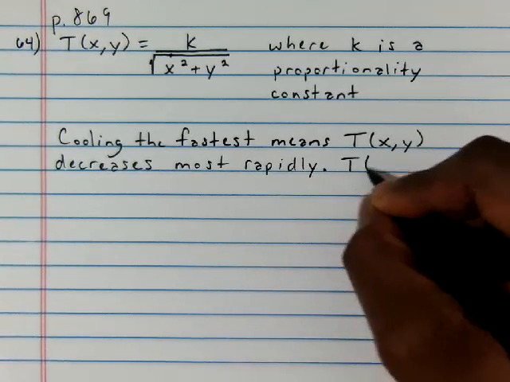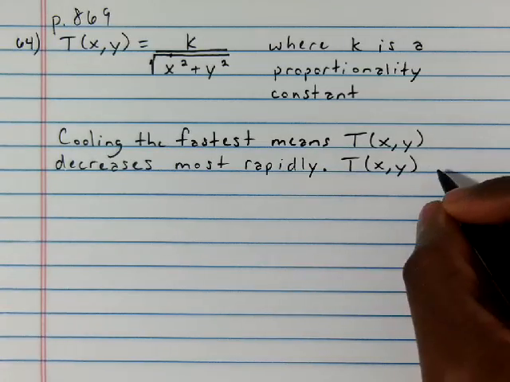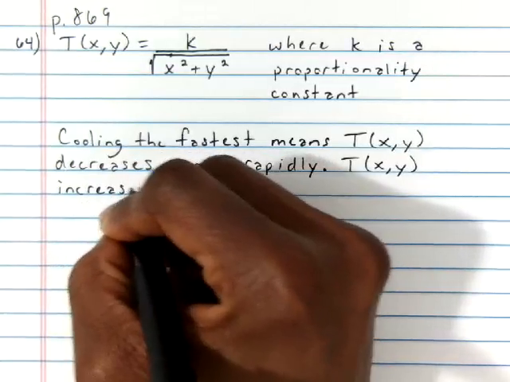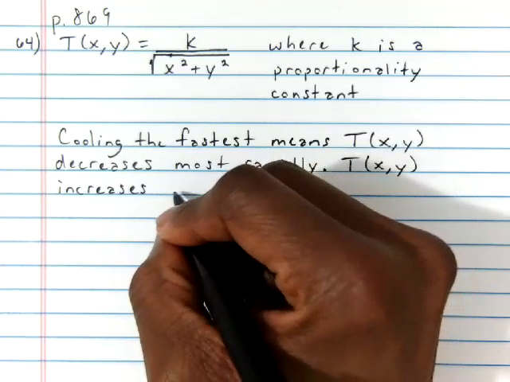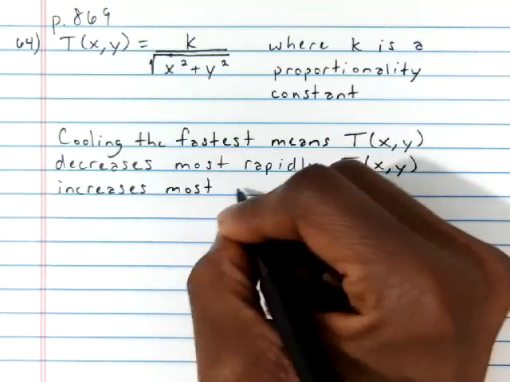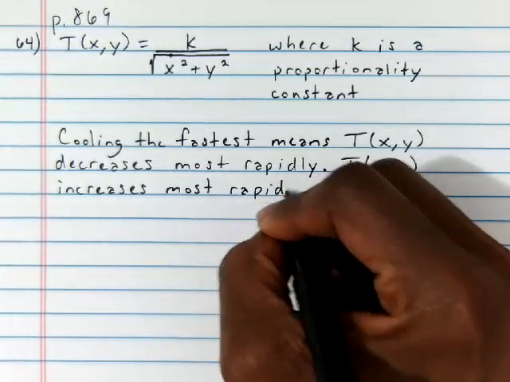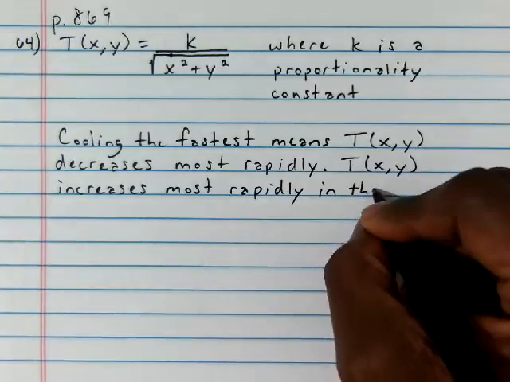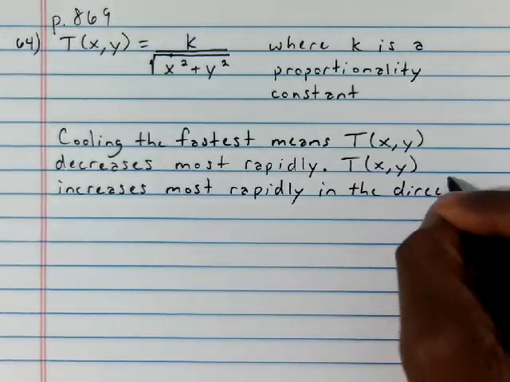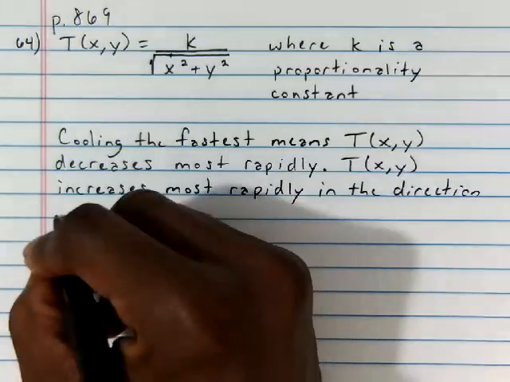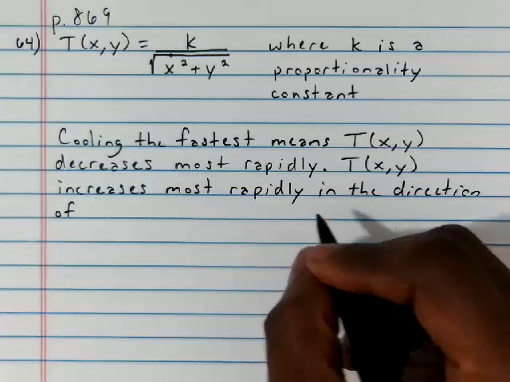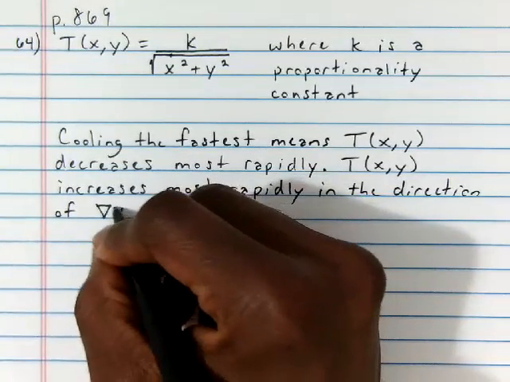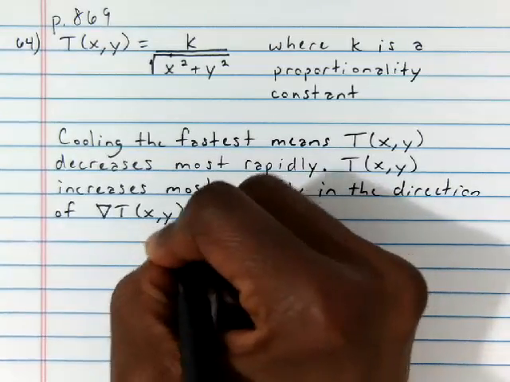So T(x, y) increases most rapidly in the direction of the gradient of T(x, y).